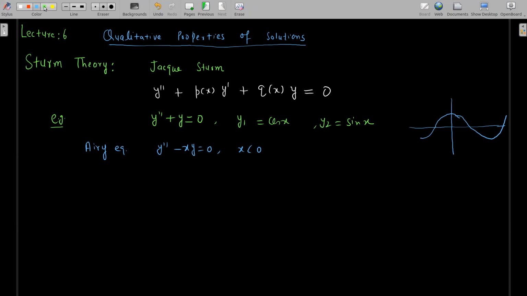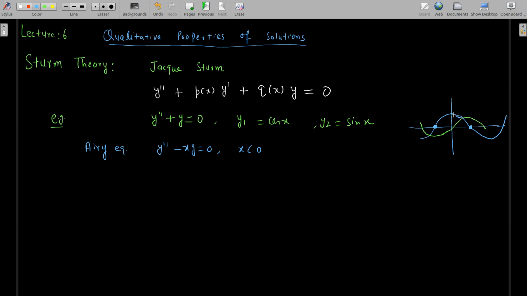The other solution is sin x, so how will the graph of sin x look, like this. So this means that if I see cos x, it vanishes at these points, let us say minus pi by 2 and plus pi by 2.